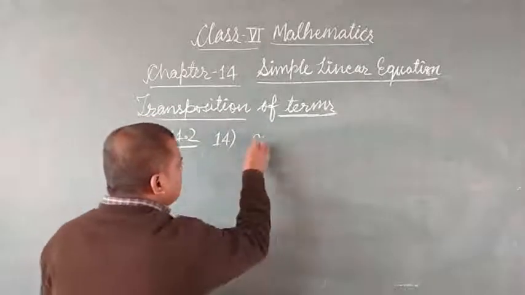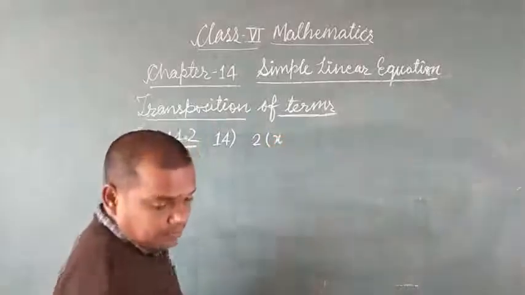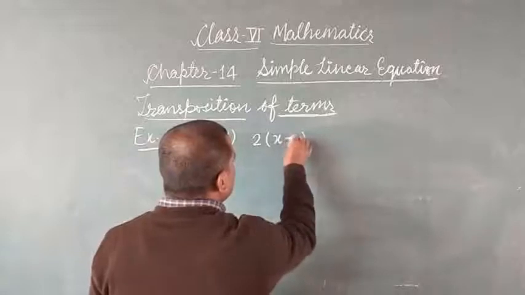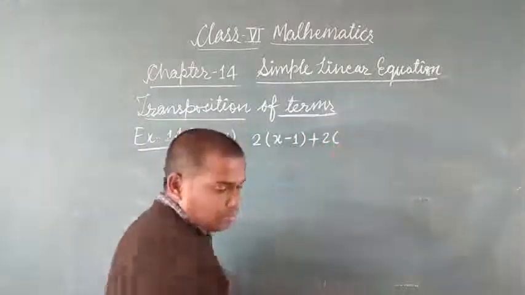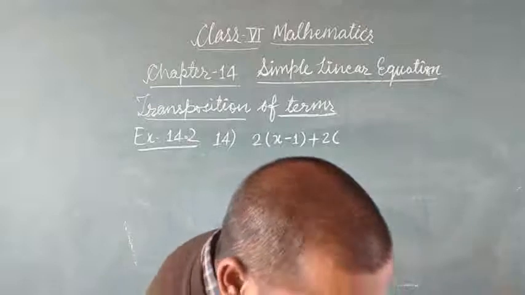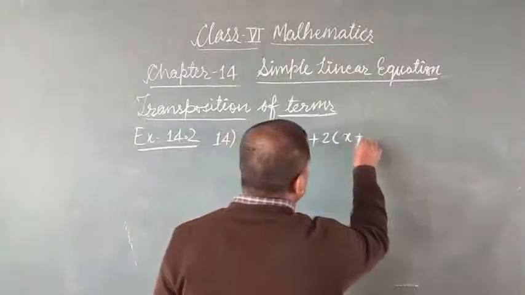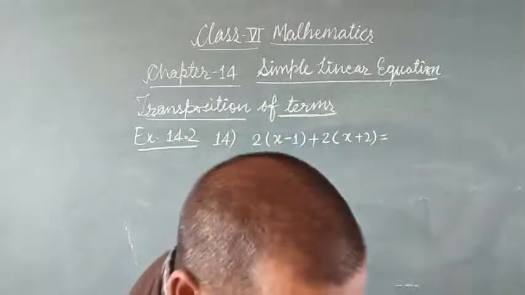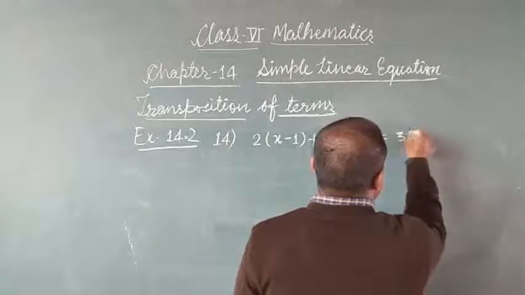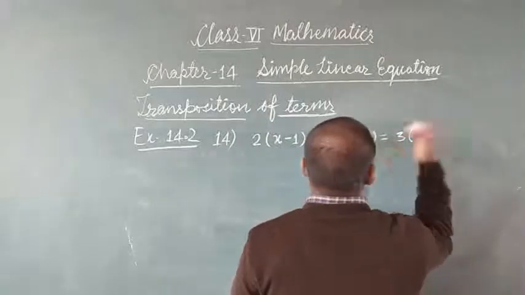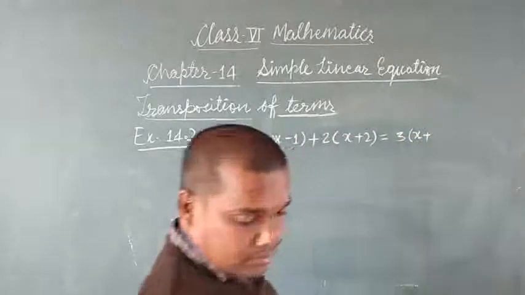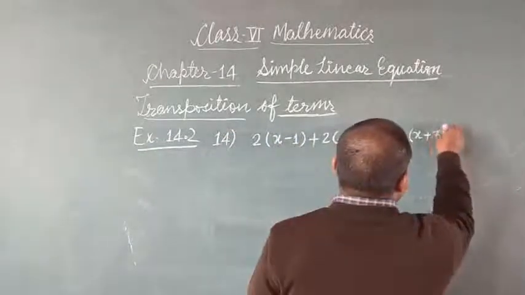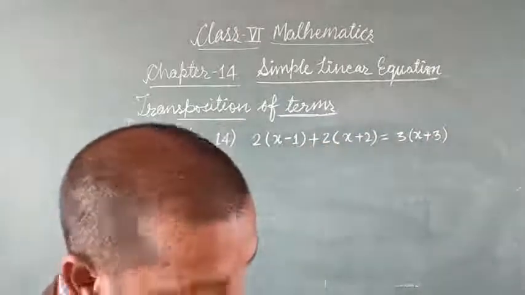So I am writing here 2 into x minus 1 plus 2 into x plus 2 is equal to 3 into x plus 3. So this is the equation that we have to solve.